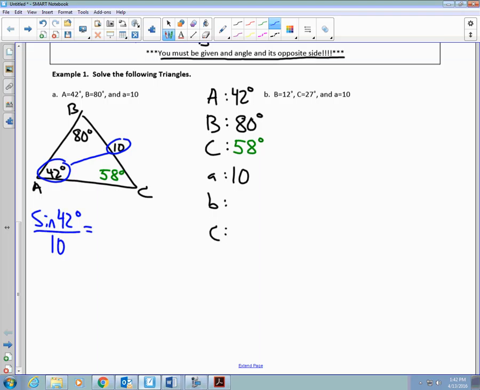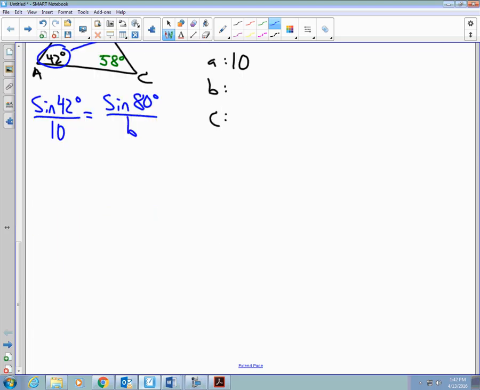is equal to, would you like to find side B or side C? It's up to you. B? Okay, we'll do B. So I'll do sine of 80 divided by B. I will cross multiply and solve. If I multiply these two together, I get B times the sine of 42 degrees is equal to 10 sine of 80.